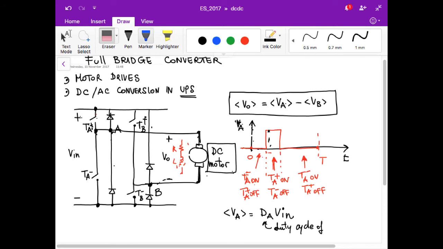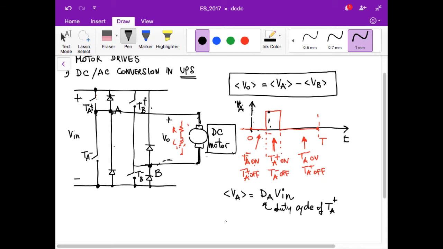Of course, I can repeat the same type of reasoning for VB. Therefore, also this is going to be the duty cycle of TB plus times V in.